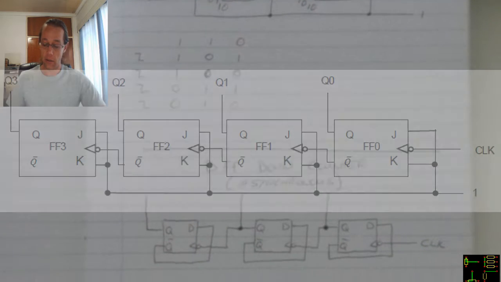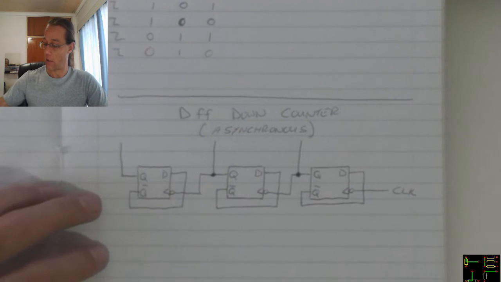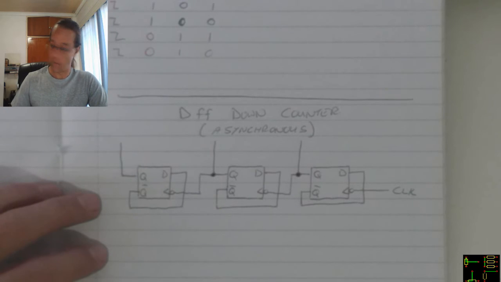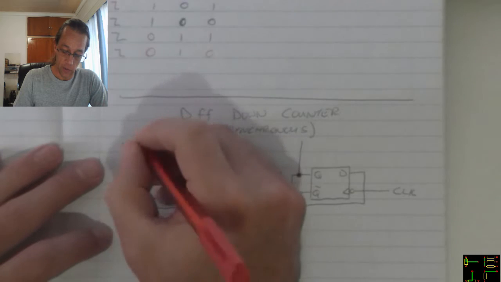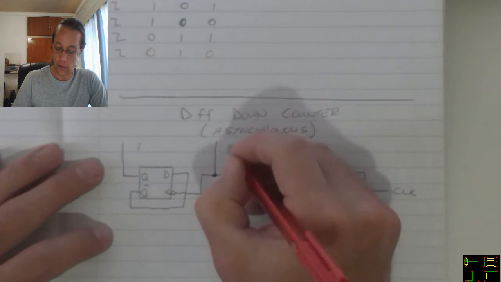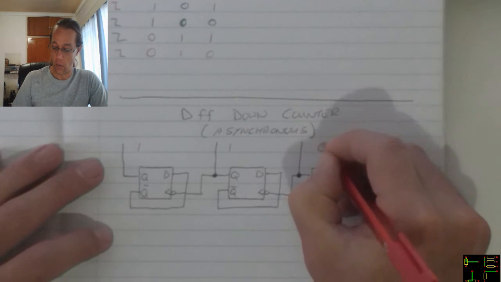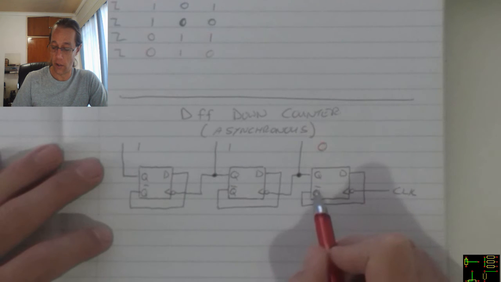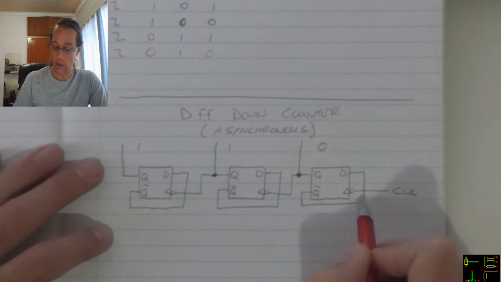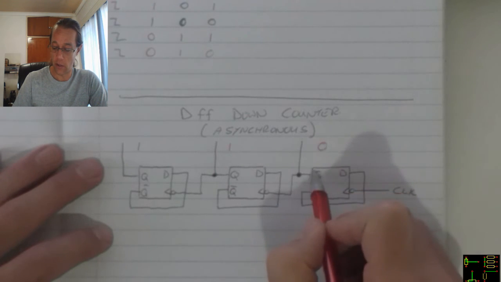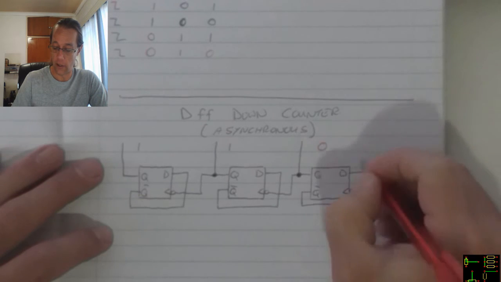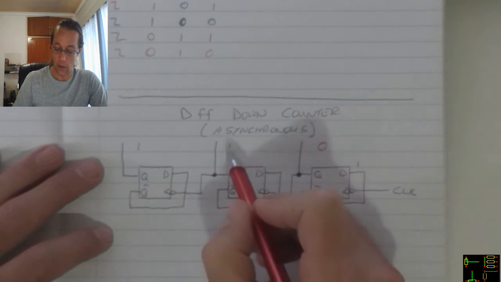With the D-type counters, let's start at the same value where we've got 1, 1, 0. We can see that this NOT Q feeds into there, so as a result, because that is a 0, this is a 1 feeding in there.